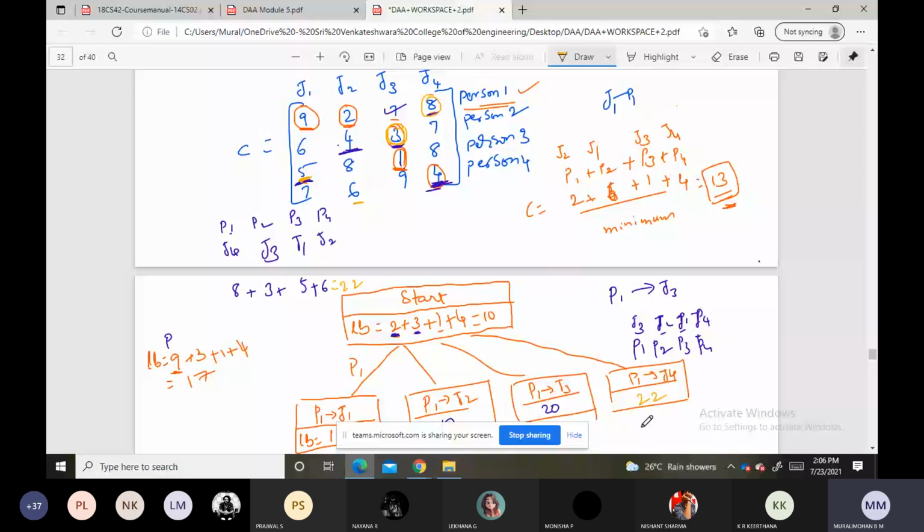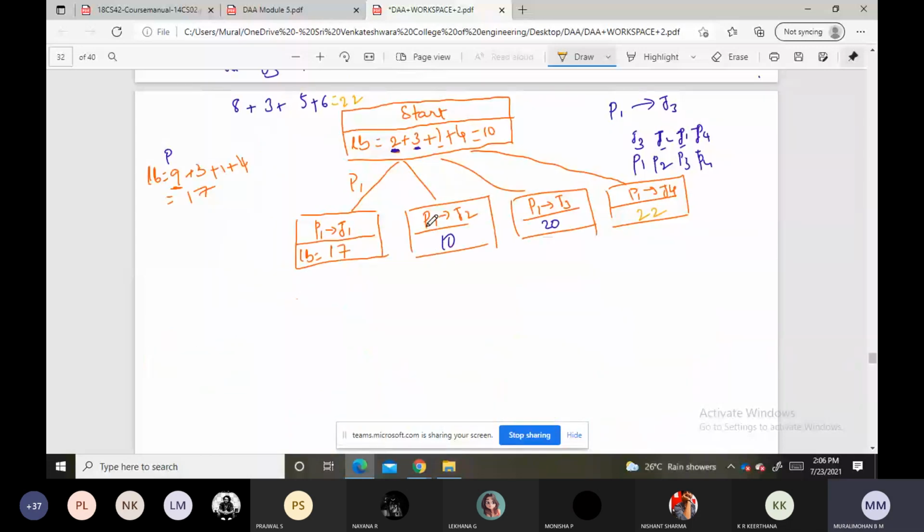Now you just observe here which is having the minimum bound, which is having the lower bound, which is minimum. See, 10 is minimum out of 17, 10, 20, 22. 10 is minimum, right? So we can assign job 2 for person 1.